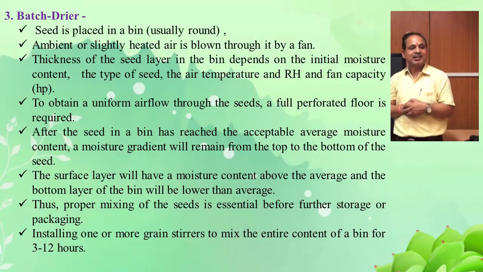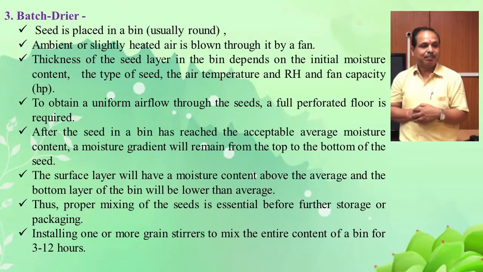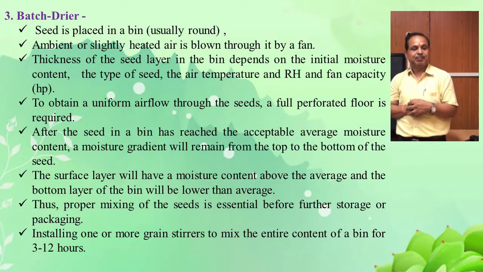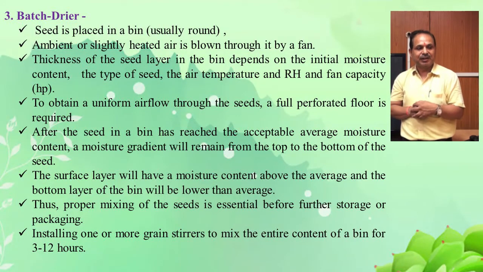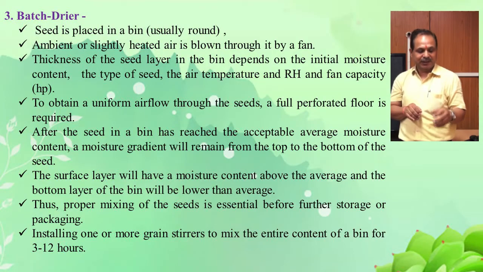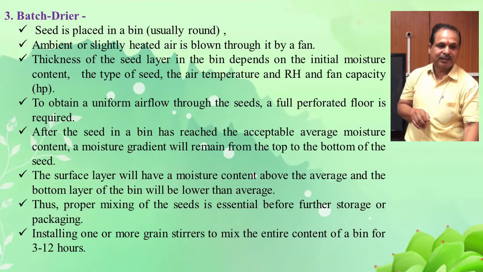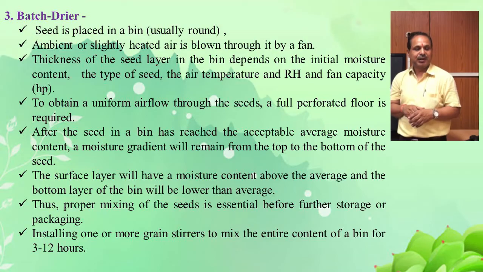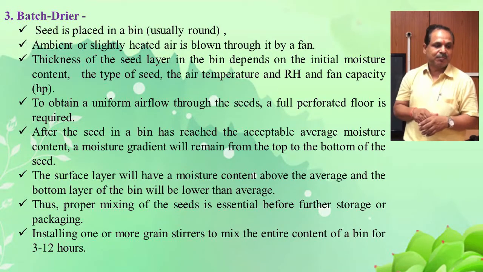Next one is the batch dryer. It is a bin, generally round, and ambient or slightly heated air is blown through it by a fan. So the thickness of the seed layer in the bin, the temperature, and the relative humidity, all these factors must be considered during seed drying with batch dryers.